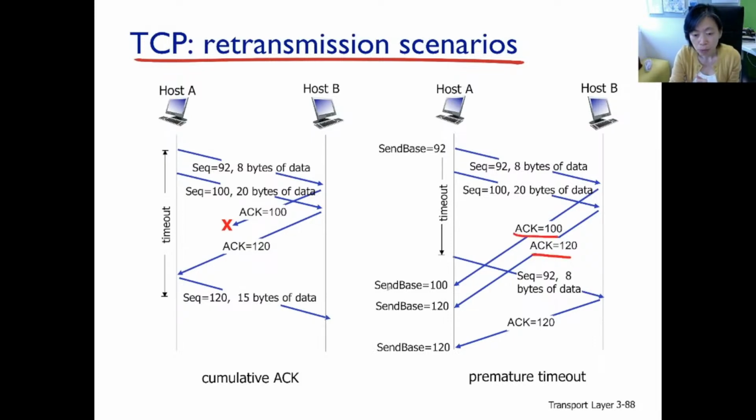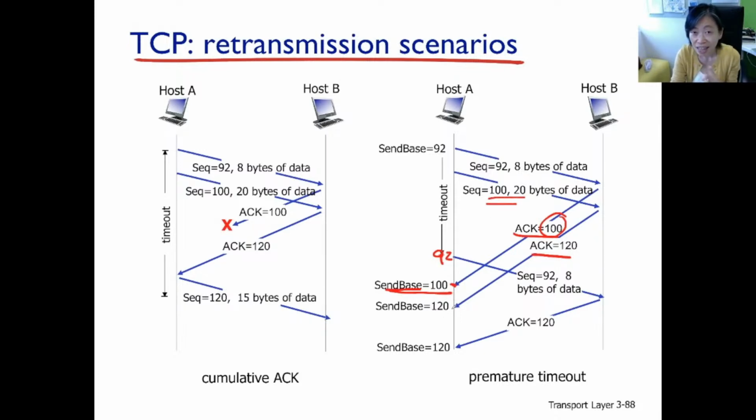Okay. So when ACK 100 arrives at the sender here, Y equals 100, that is the sequence number in the ACK. The sendbase at this point is still 92. So Y is greater than sendbase. Therefore, we change the sendbase to the new ACK number. And do we restart timer or stop timer here? Well, there is still an outstanding packet, right? Which is this one.